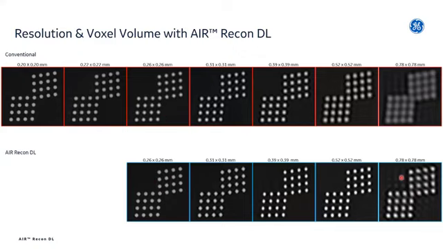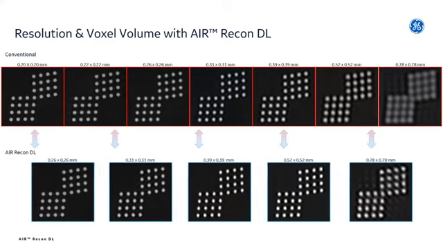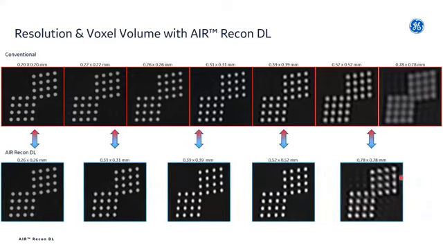And in fact, we could go one step further and visually line up these images a little bit better. So now I see that this 0.26 by 0.26 millimeter in-plane AIR Recon DL image seems to line up a lot better with the conventional 0.2 by 0.2 image. Similarly, the 0.52 by 0.52 millimeter in-plane resolution AIR Recon DL image lines up with this 0.39 by 0.39 millimeter conventional image.